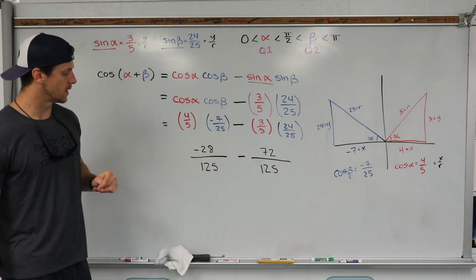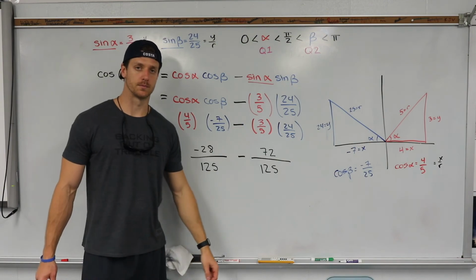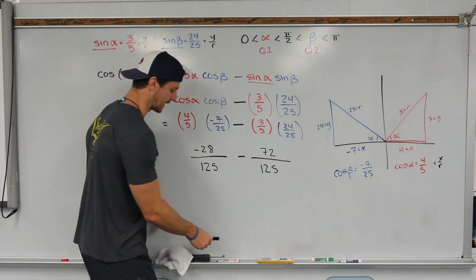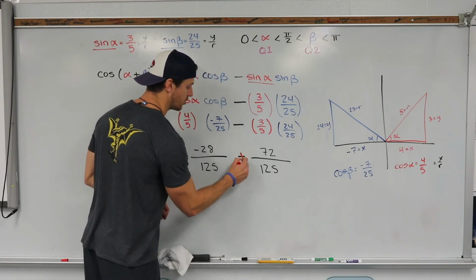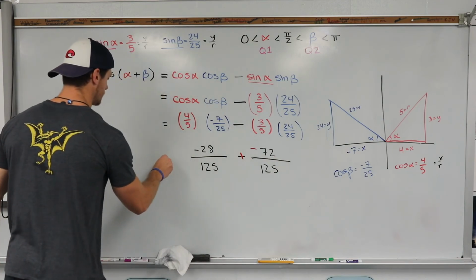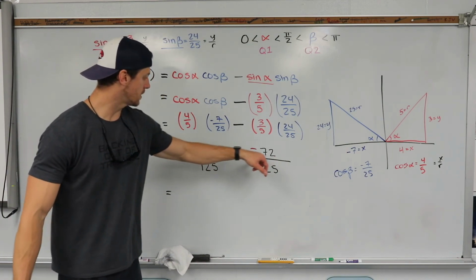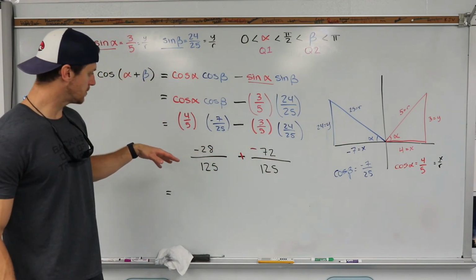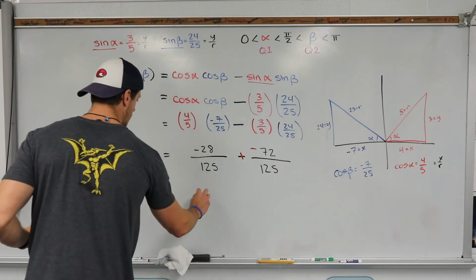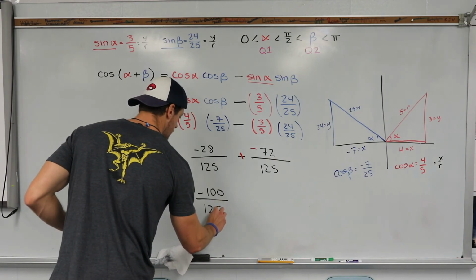Alright, now this looks weird. Negative 28 minus 72. Alright, you're going to add them, kind of like a keep change situation, right? So what do we get here? That's going to be 100. A negative 100 over 125.